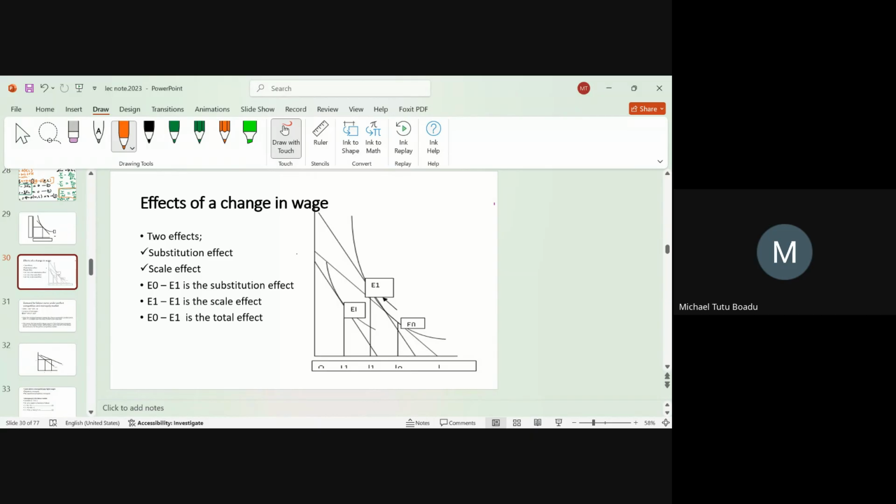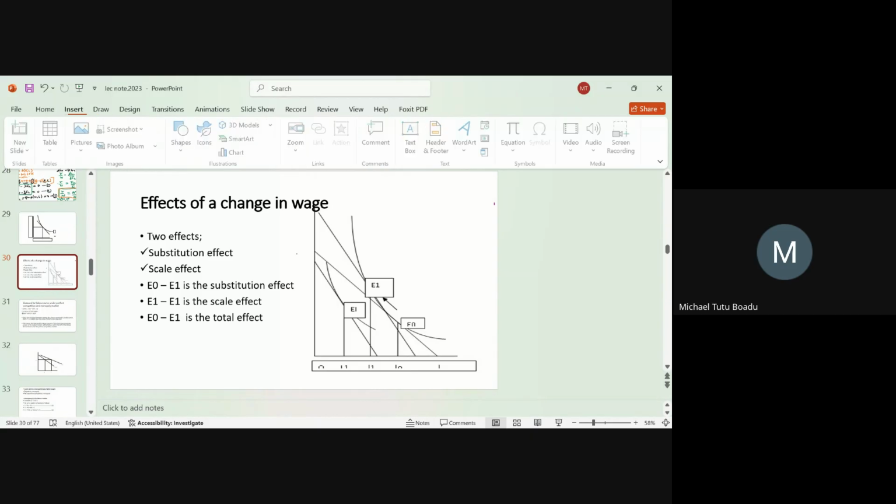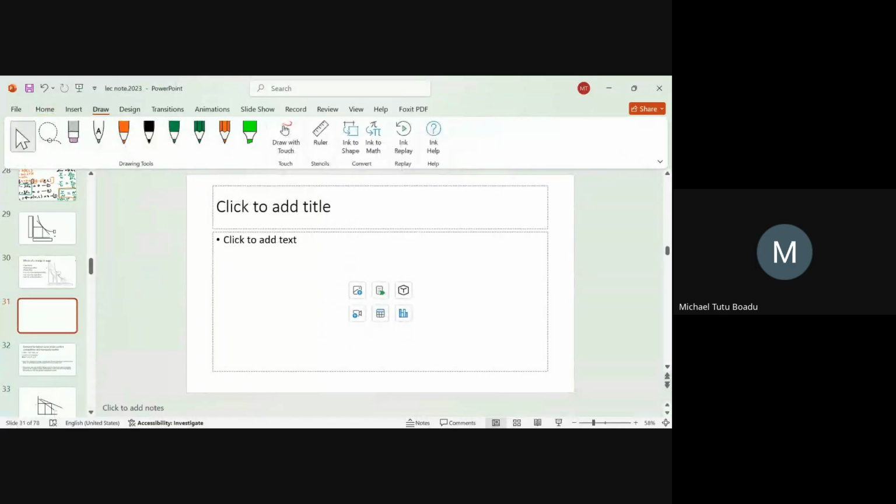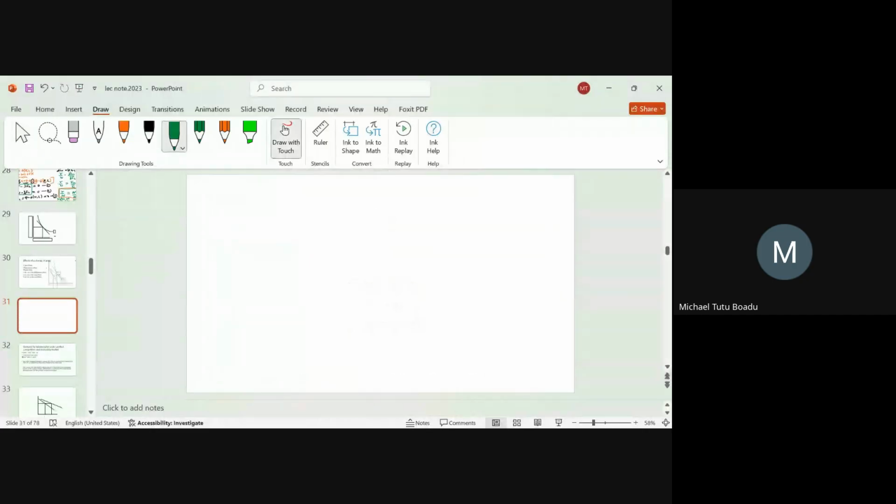So let me demonstrate that. So this is the amount of labor and this is the amount of capital. The initial situation is this.